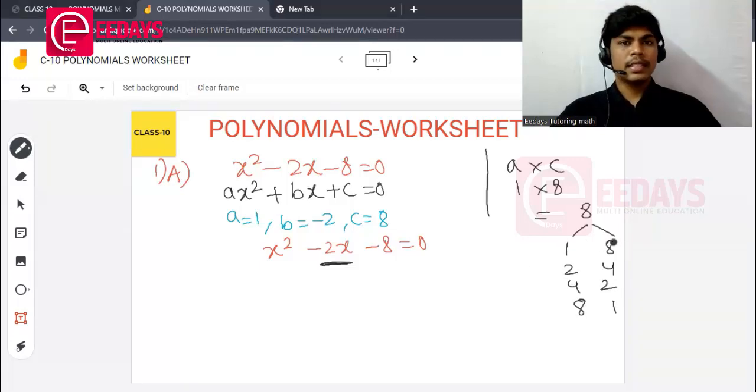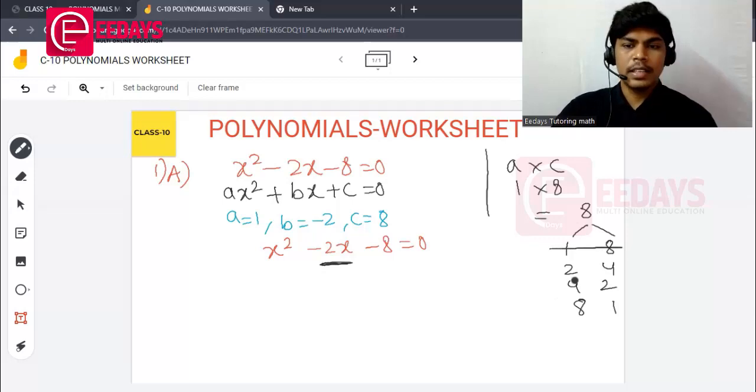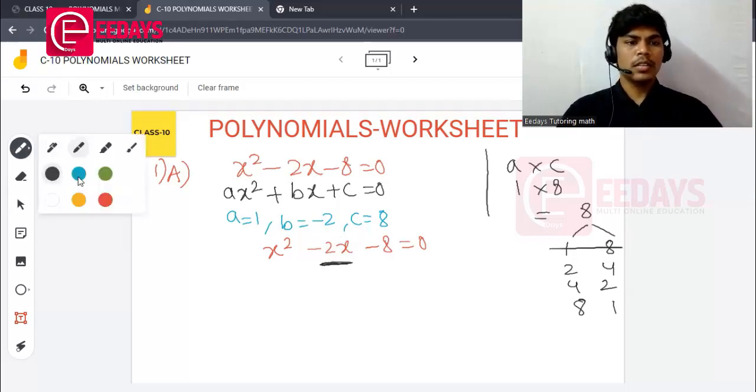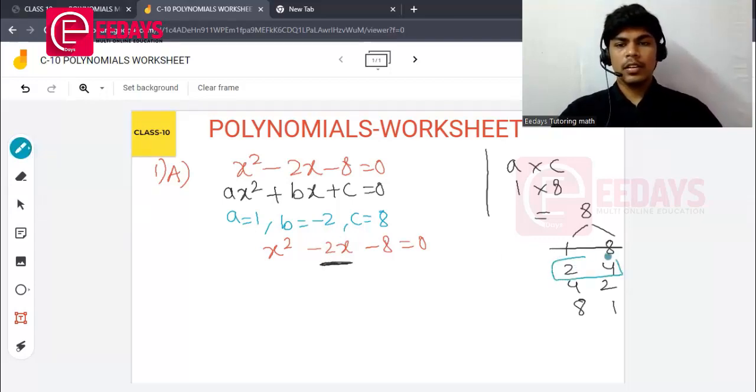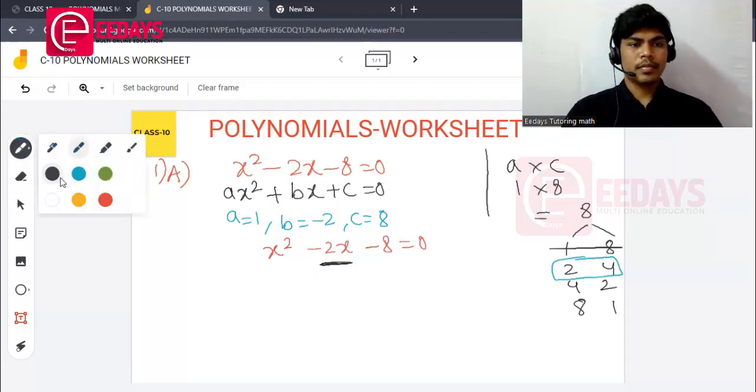If we add 1 plus 8, it is 9, not equal. We require minus 2 here. And 8 minus 1, it is 7. So not required. So we can cancel it here. 2 plus 4, 6 here. And 4 minus 2, 2 we are getting. So it is suitable. That's why we have to take 2 and 4 here.